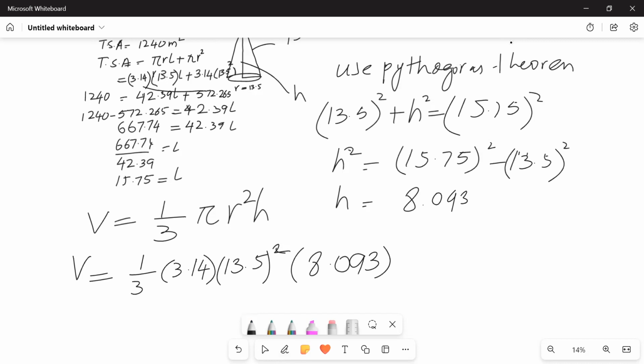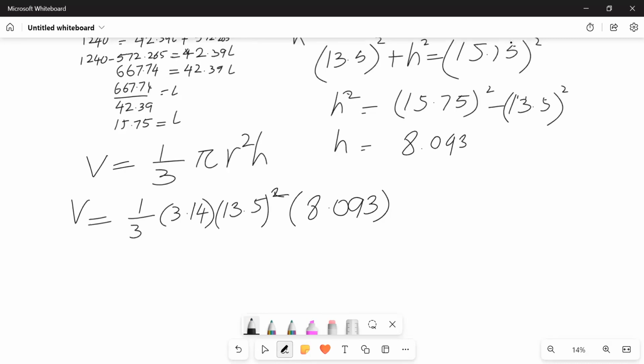Now take the square of 13.5, then multiply 3.14, then multiply 8.093, then divide the whole answer by 3. So we are getting the volume as 1544. I'm rounding off, so 44.